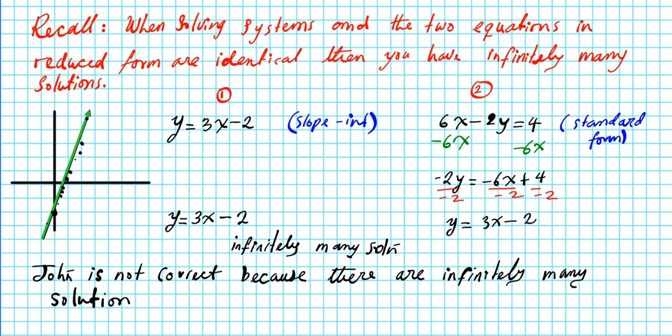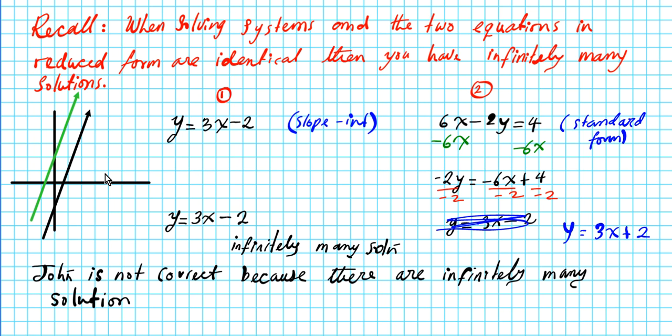Now, what kind of scenario will make John's answer true? Let's say the second line were y equals 3x plus 2. Now what would that look like? That will cause the y-intercept to rise up to positive 2. And in this case, there are no intersections, which means that the answer will be the empty set.